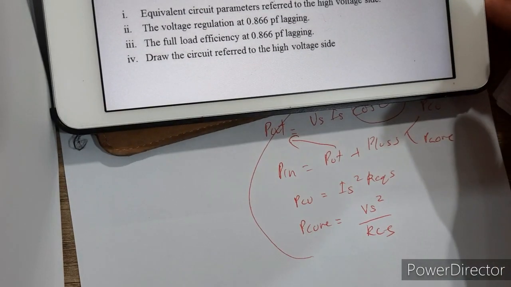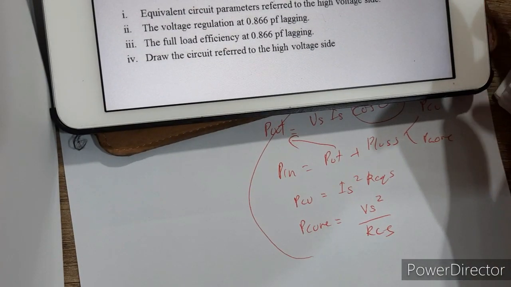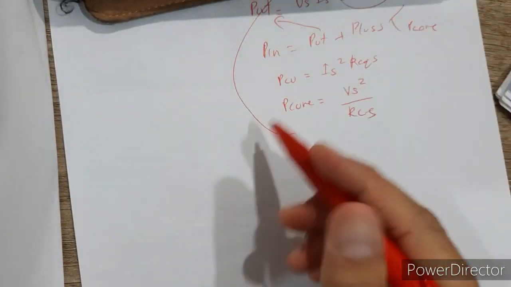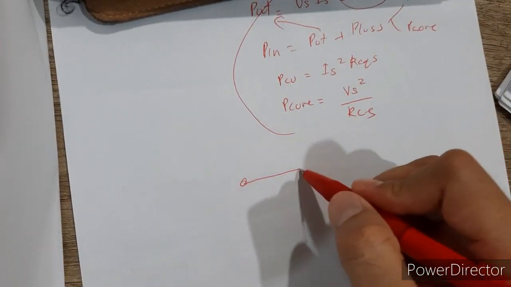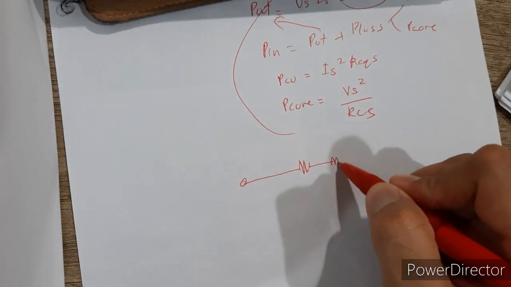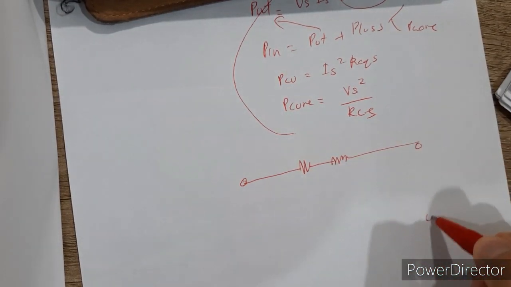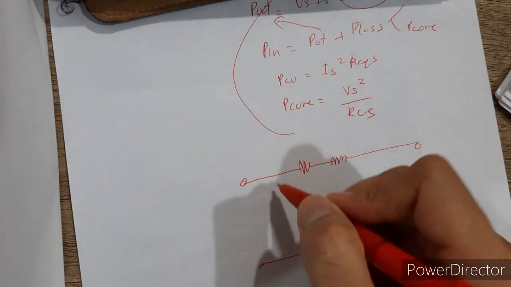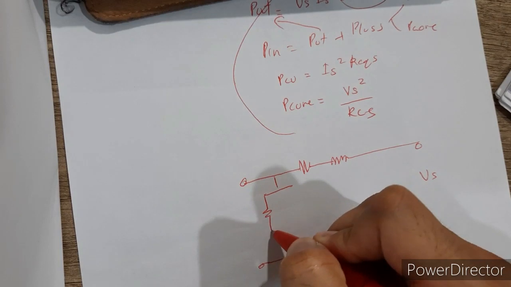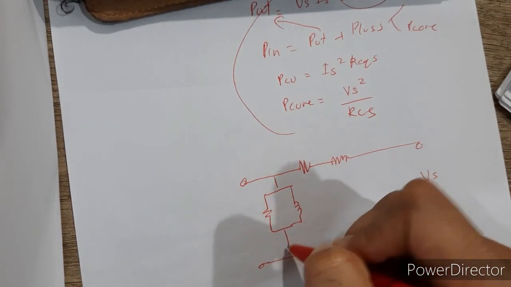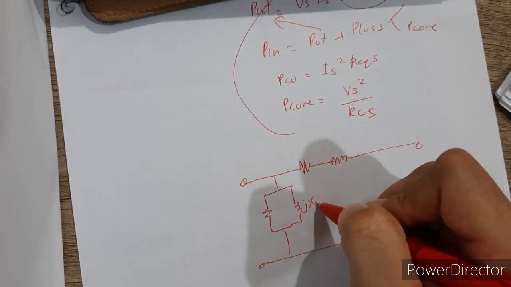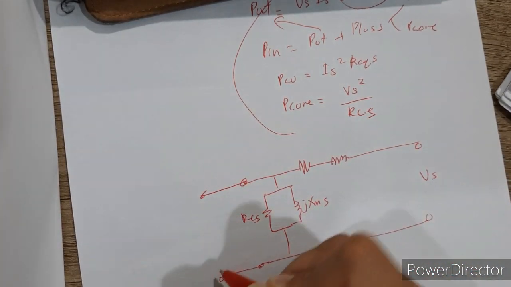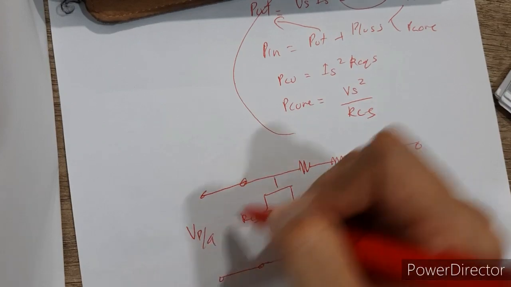Draw the circuit referred to the high voltage side, which is referred to the secondary side. So you just draw; you can refer to the slide also. So this is R equivalent S, jX equivalent S. This is VS, and for this one we have RC and jXM, so this is RCS, and this is VP over a.